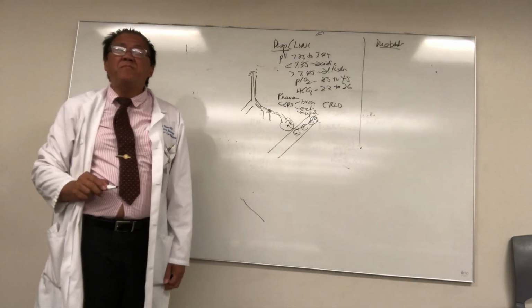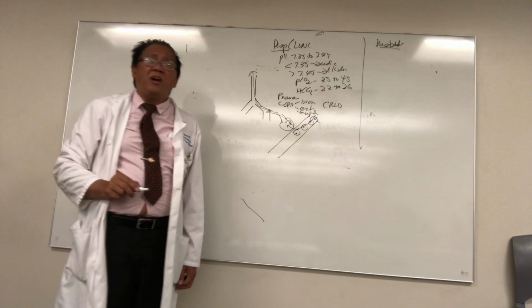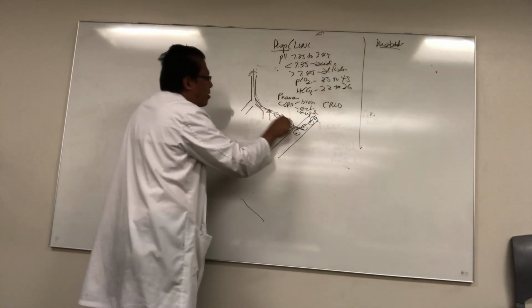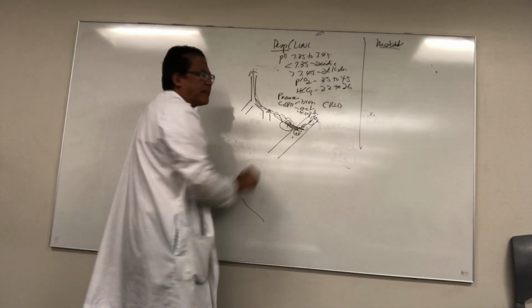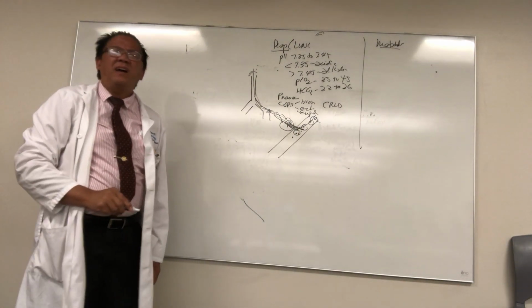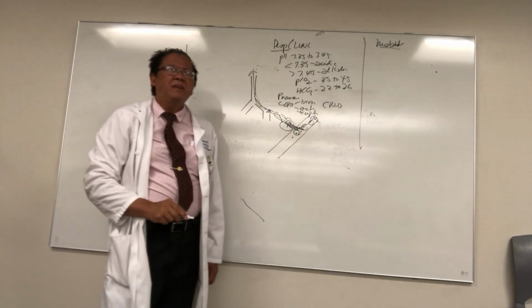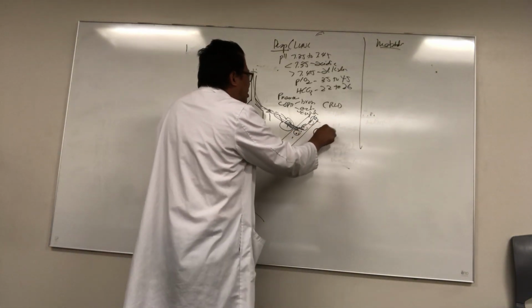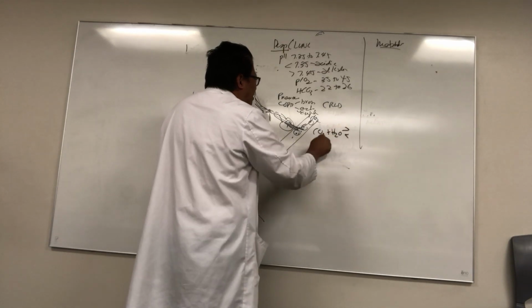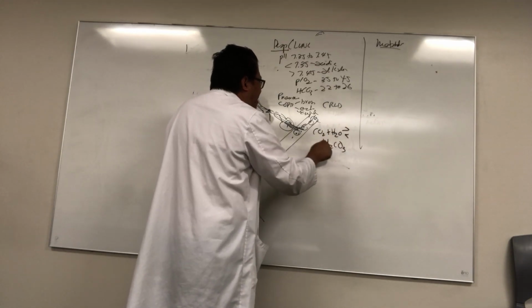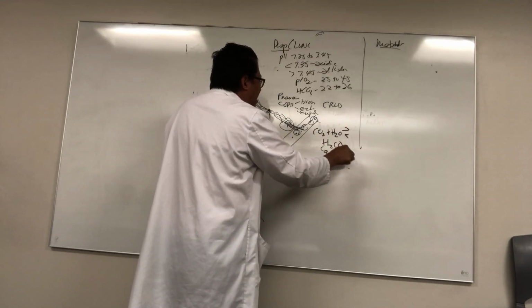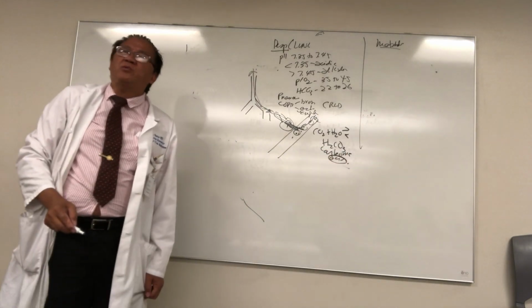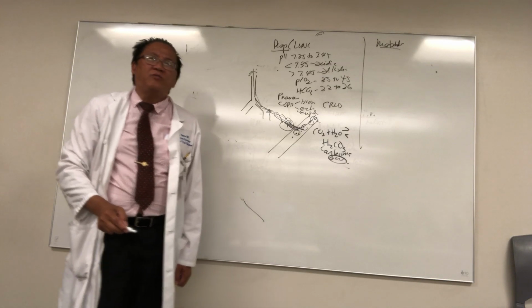O for obstruction. If you obstruct or block the airways, will the CO2 be able to get out? No. The CO2 goes back where? To the blood. And does the blood contain plasma? And does the plasma contain water? So if you combine CO2 plus H2O, you form H2CO3, which is carbonic what? Carbonic what? So what do you think this patient will develop? Respiratory acidosis or alkalosis?